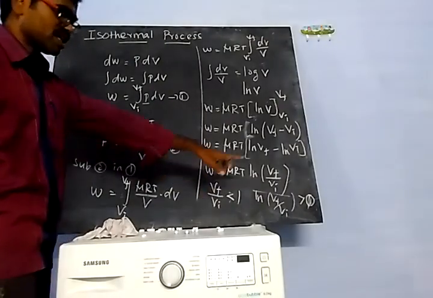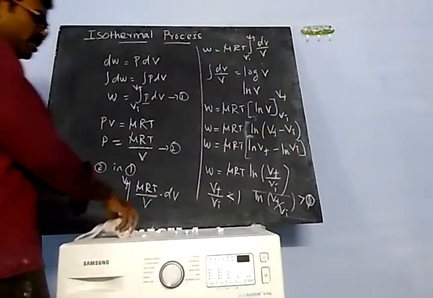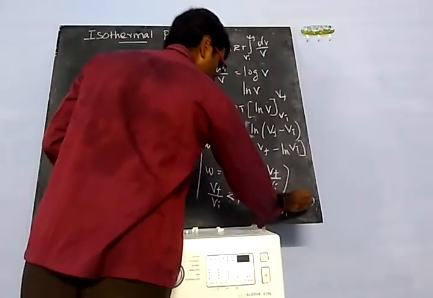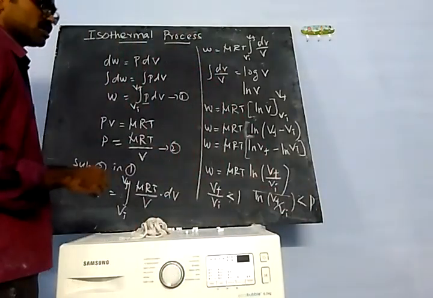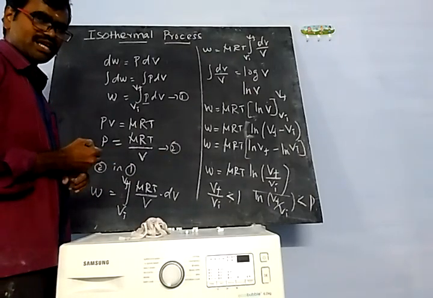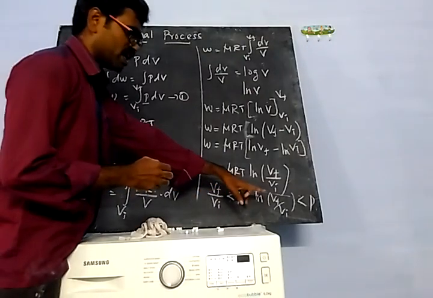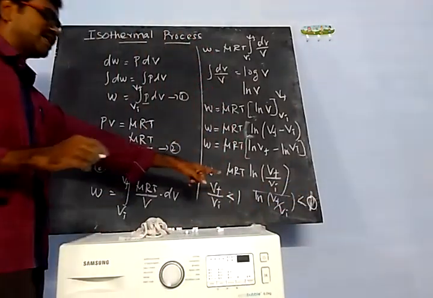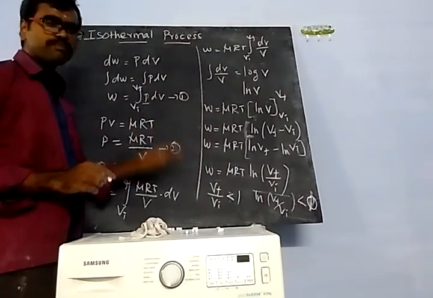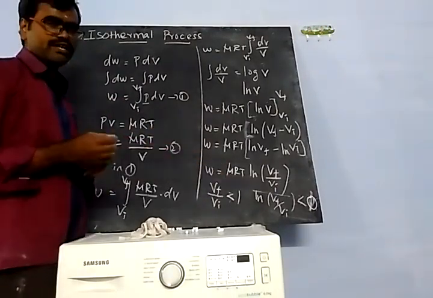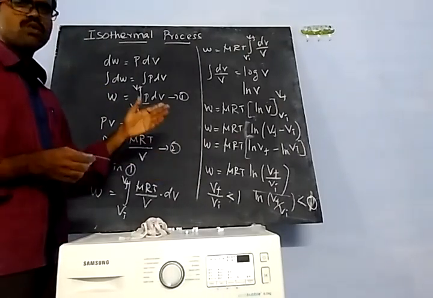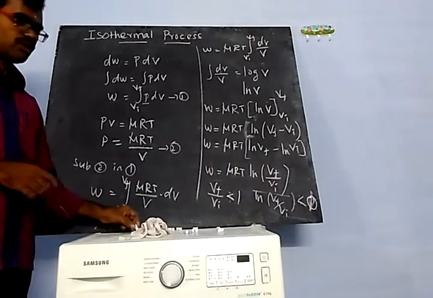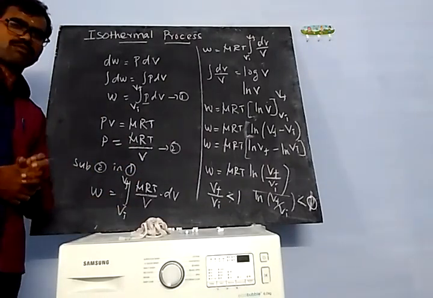Then the logarithm of VF by VI is less than 0, which means it is negative. In isothermal compression, the work done is negative. In isothermal expansion, work done is positive. In isothermal compression, work done is negative. Do you understand, ma'am? Okay, thank you.